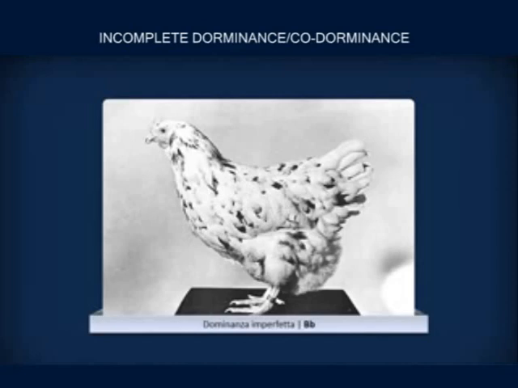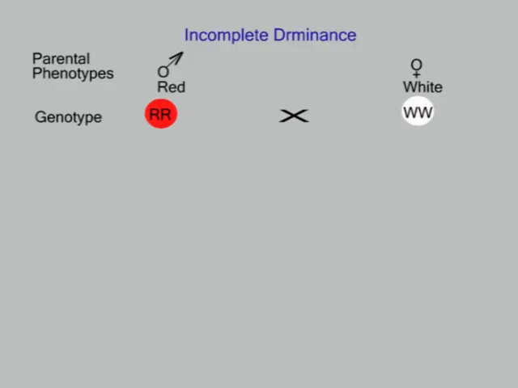In genetic crosses involving incomplete dominance, 2 different capital letters are used to represent the 2 genes. So let R represent the gene for red flower color and white be represented by W. So parental phenotype: the male is red flowered and the female is white flowered. Remember, it doesn't make a difference which becomes the male or which becomes the female.